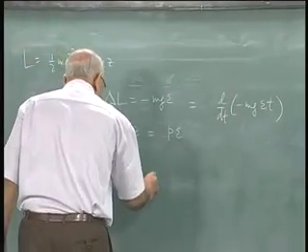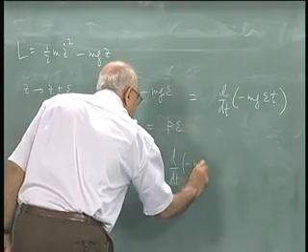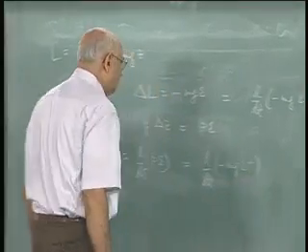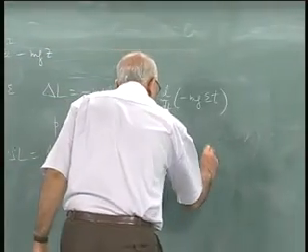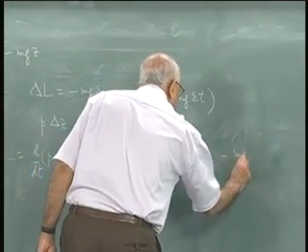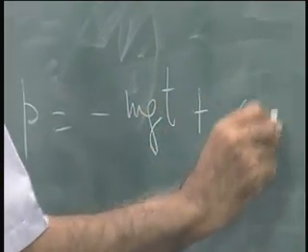Put a t there. So you are guaranteed that p equals minus mg t plus constant.